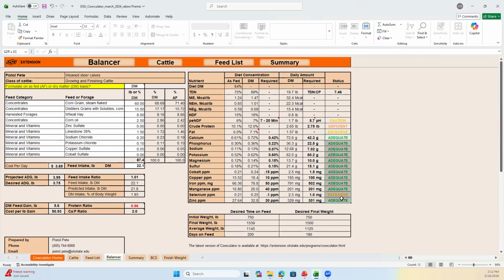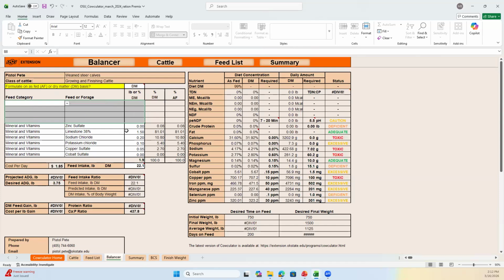I am adequate in all these. My NEM is a little high, but remember, it's going to get diluted a little bit with urea, and we can do some fine tuning after we formulate our premix. Okay. So now I can delete these ingredients out. And I'm just left with 1.9 here. So that means all of these added to 1.9% of the diet dry matter.